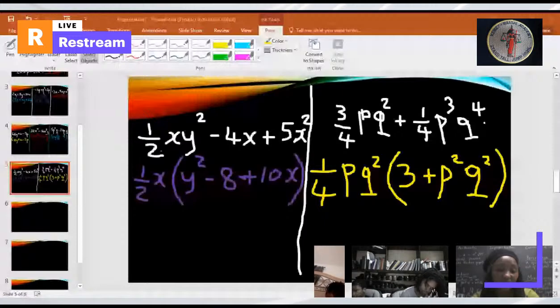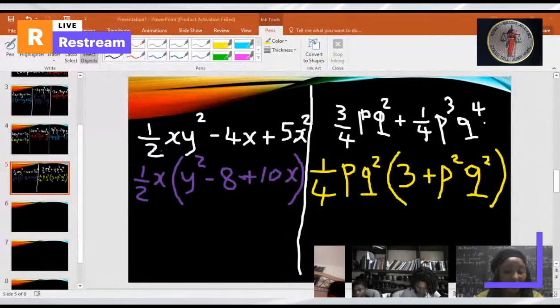It can be done, just that you're not likely to see it. But don't be confused if you are given some factorizing and there are decimals involved or fractions involved.